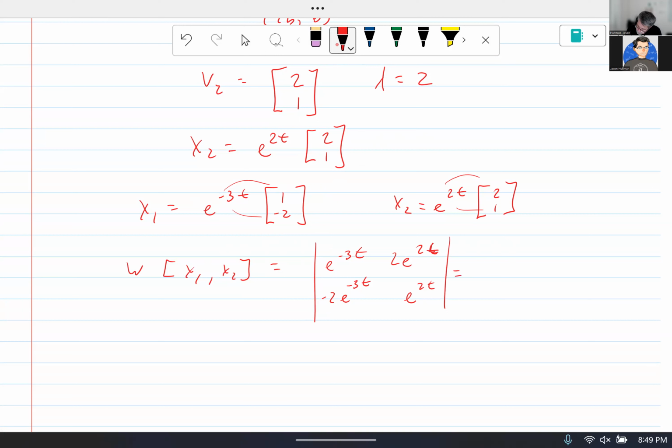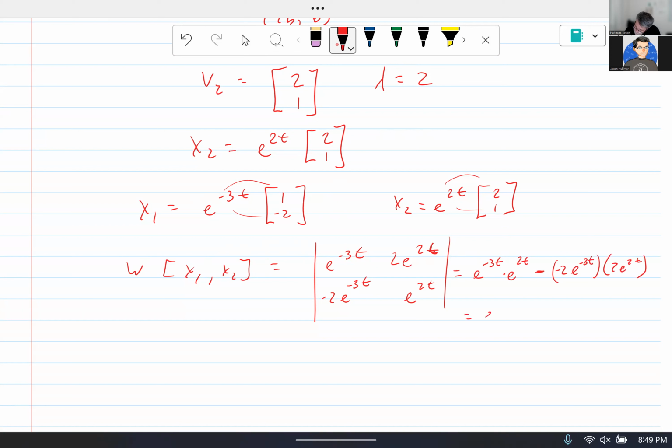Which is equal to, I'll multiply it out in the next line: e to the negative 3t times e to the 2t minus negative 2e to the negative 3t times 2e to the 2t.